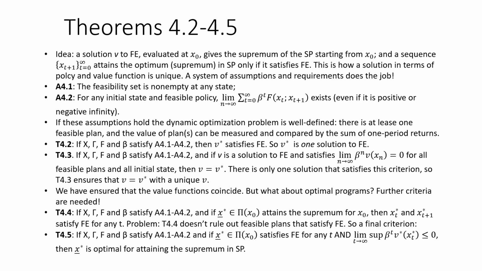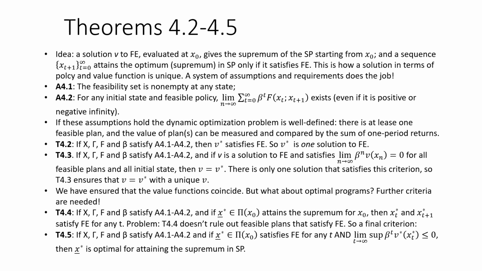This is a condition which we need to meet, but it is insufficient in itself because Theorem 4.4 doesn't rule out other feasible plans that also satisfy the functional equation. So a final criterion is needed, and this is given by Theorem 4.5.